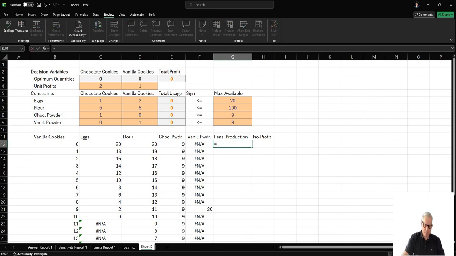Okay, so the area of feasible production is always the minimum. So I need to just limit it to the minimum of chocolate powder, flour, and eggs.